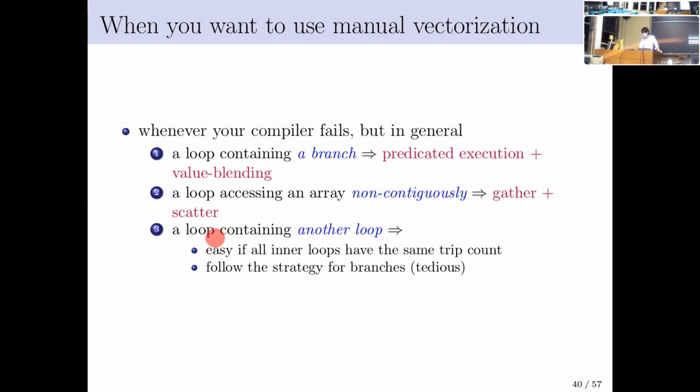But even in this case, the compiler typically fails to vectorize the outer loop you want to vectorize. This is a situation where manual vectorization is particularly useful and necessary.